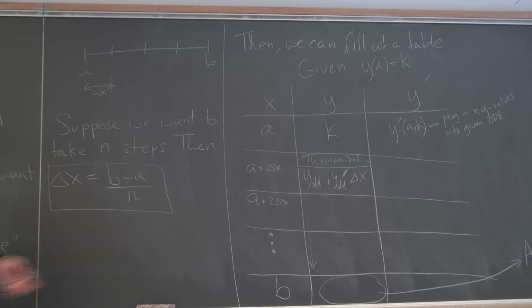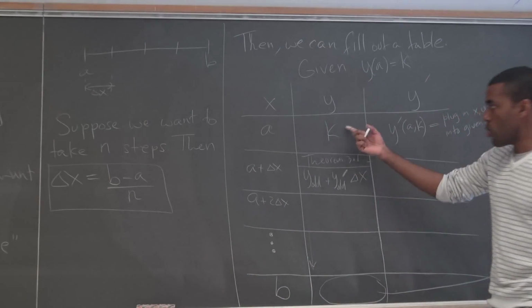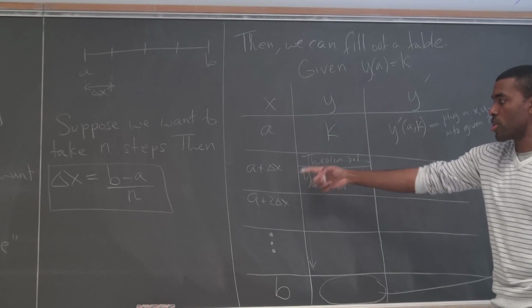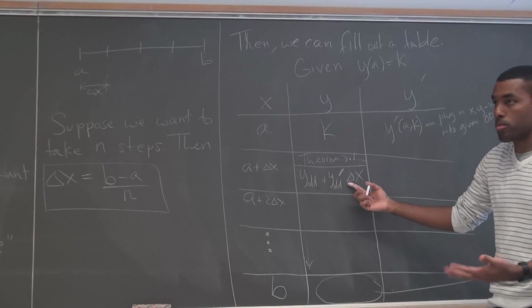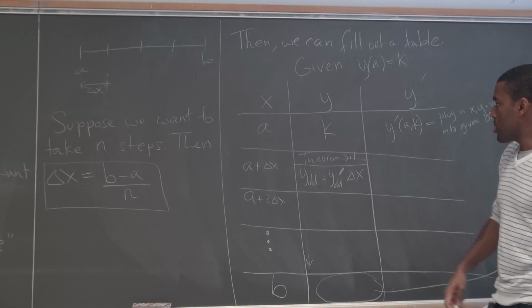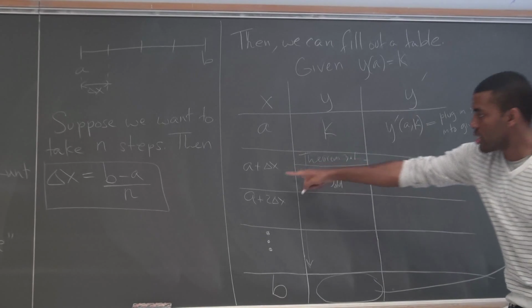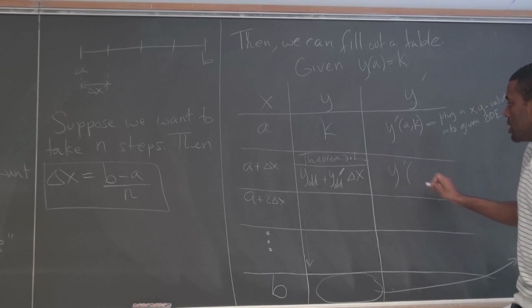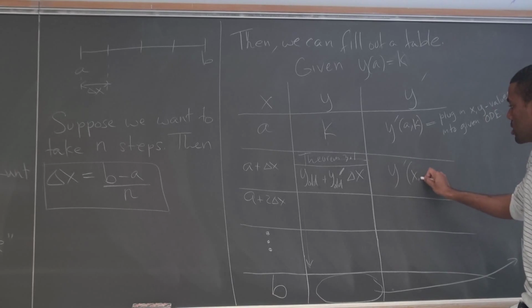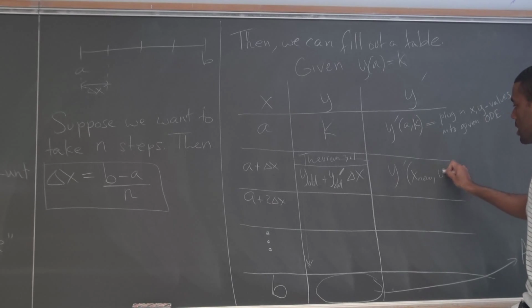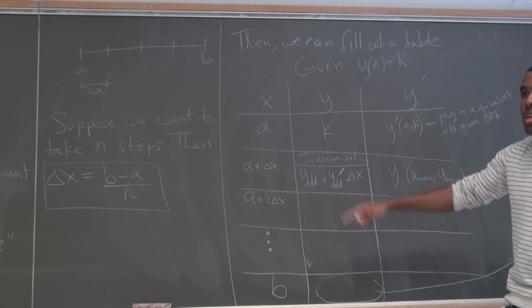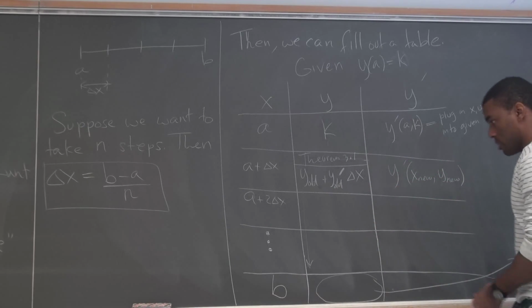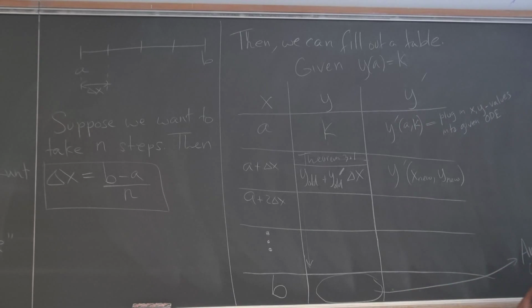And so we can use that formula here. So I know what the y is here. If I take a step over, what is the y there? I use that theorem. Then what I'm going to do is plug in the new x and the new y into that guy. And then I keep repeating this process. But that's basically how you fill out the table.